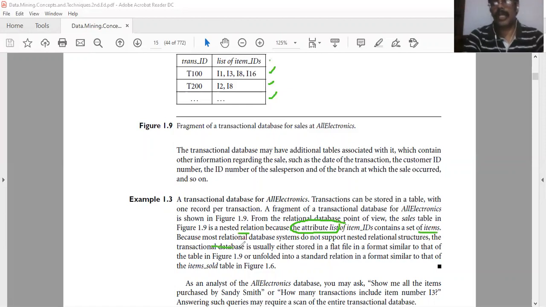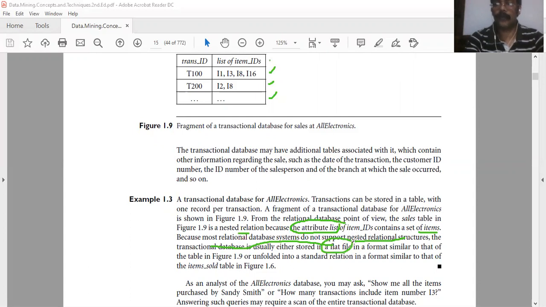Most relational database systems do not support nested relational structures. So the transactional database is usually stored in a flat file.